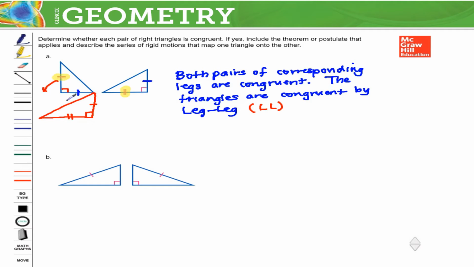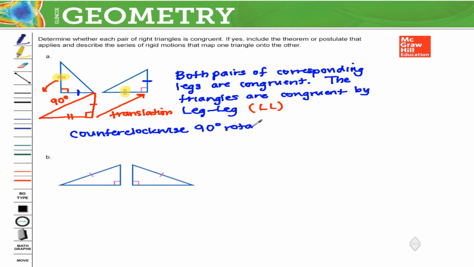So we have a 90-degree rotation and then a translation. So our rigid motions include just that, a counterclockwise 90-degree rotation and a translation.